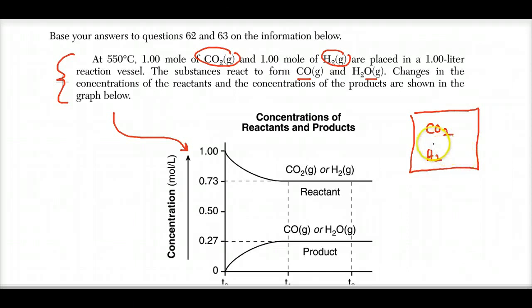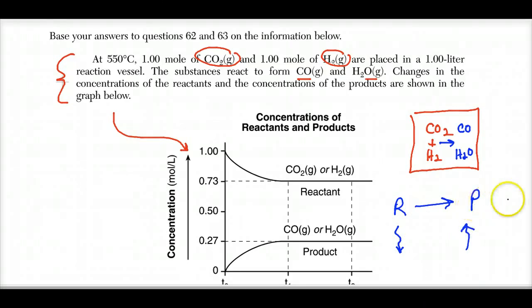Over time, they're going to react together to produce some new gases, CO, carbon monoxide, and water vapor. So that makes sense that over time our reactants are going to go to products, and our reactants should get lowered as they react, and as we make more and more products they should go up.